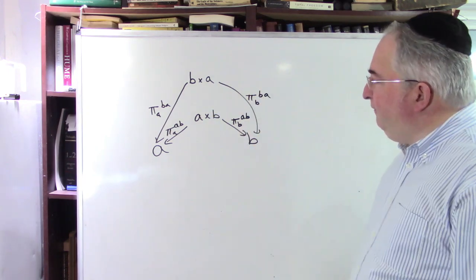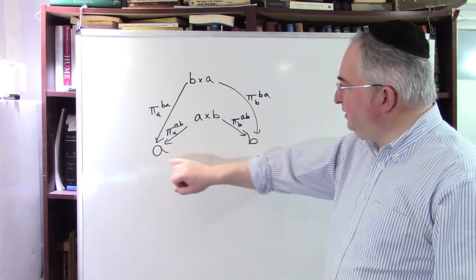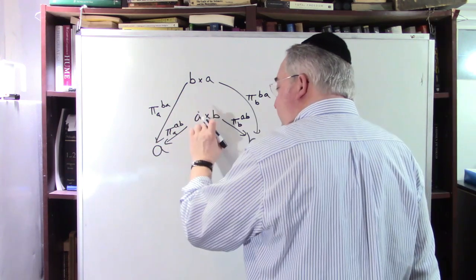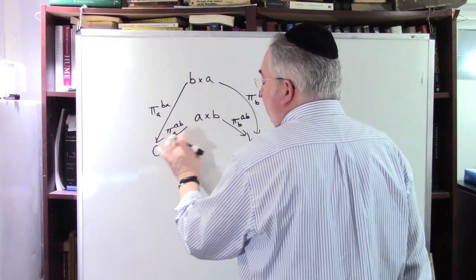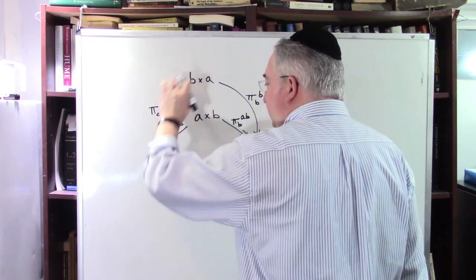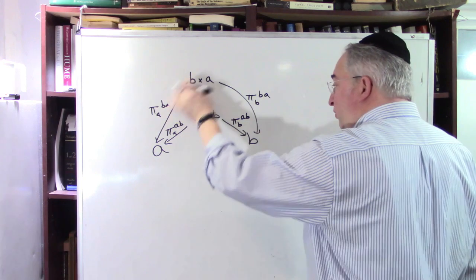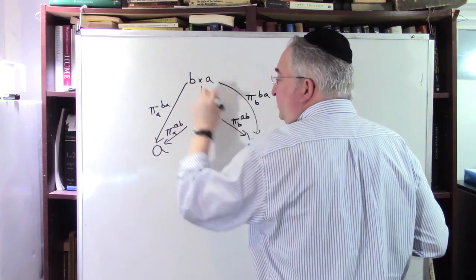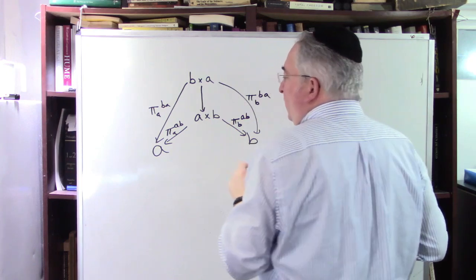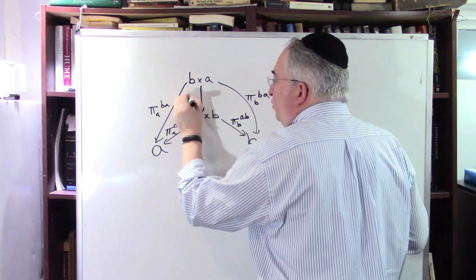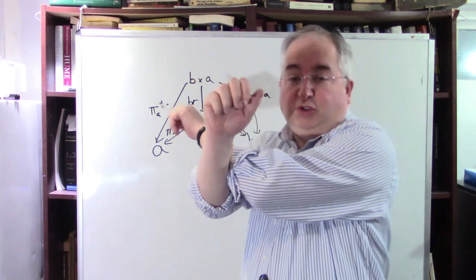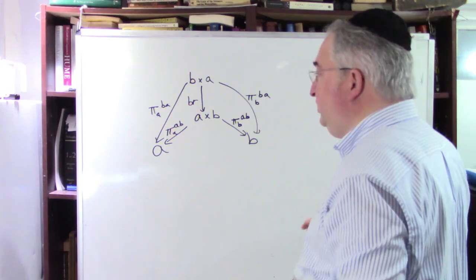Now from the fact that this is a product, and you have another object with morphisms going to these two elements, that means that there's a unique morphism like this, making this commute. This unique morphism is called BR for braiding. You're kind of swapping them, so you're braiding them. You'll see this later on.